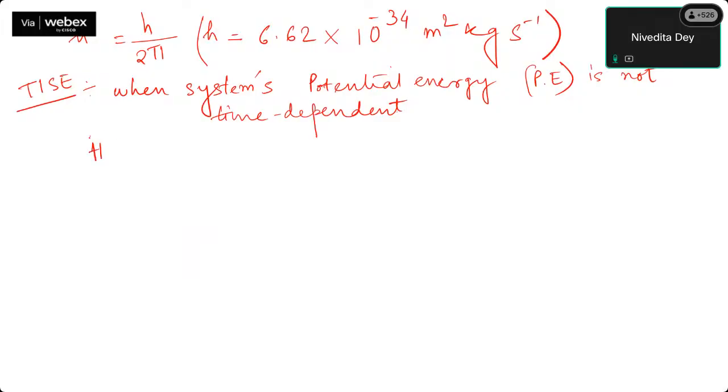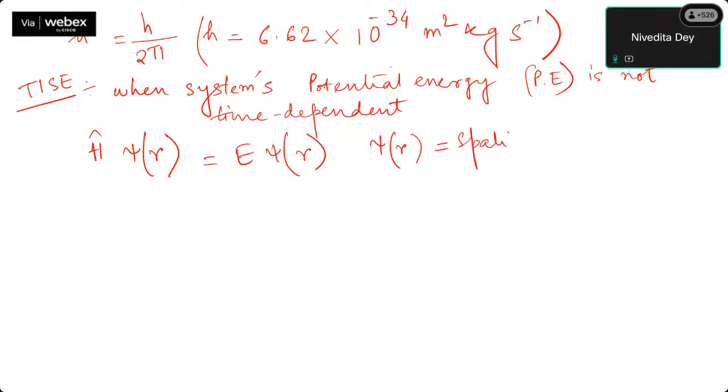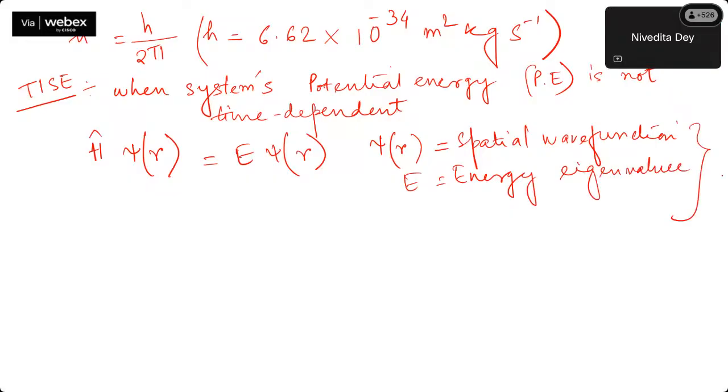So this is H-hat psi(r) equals E psi(r), where now you see there is no time factor t associated with it. The psi(r) is also called the spatial wave function. With respect to space, that is why it's called spatial, as opposed to temporal. What is E? It is the energy eigenvalue.